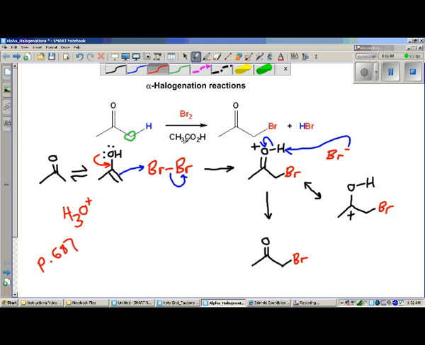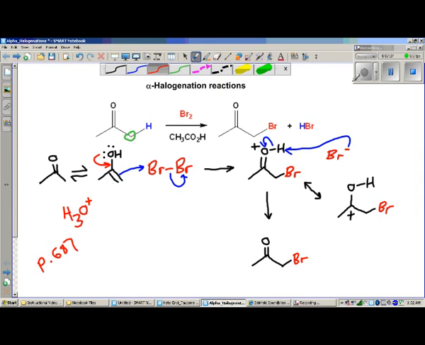That's because HBr is not there. The acid that actually reacts with water to make this is the acetic acid. That's where the H plus comes from. It comes from H3O+. So don't worry about HBr being there because it's not.